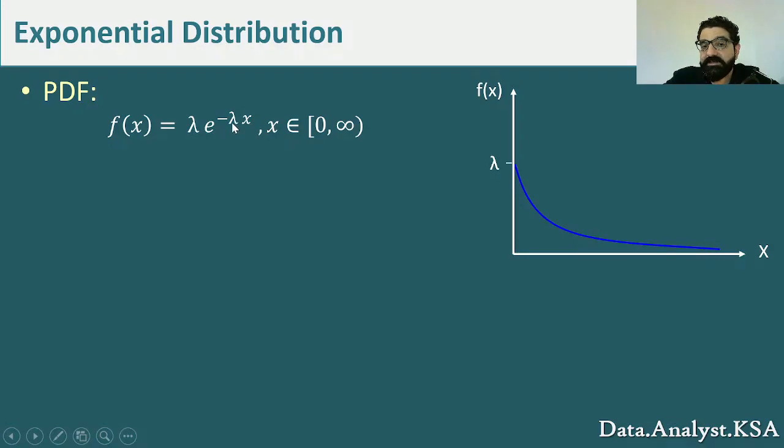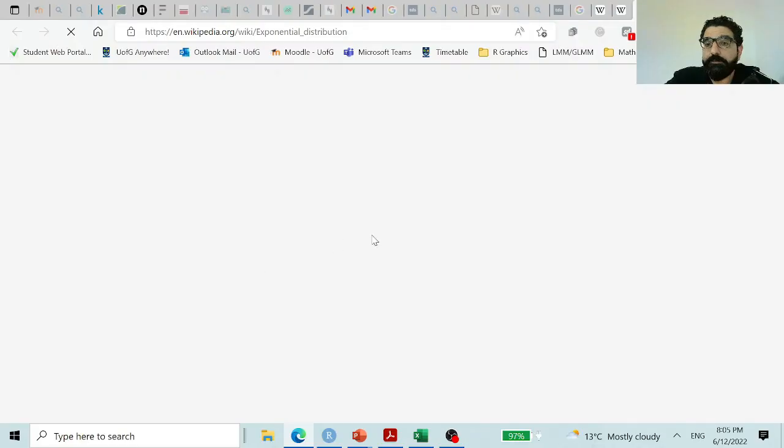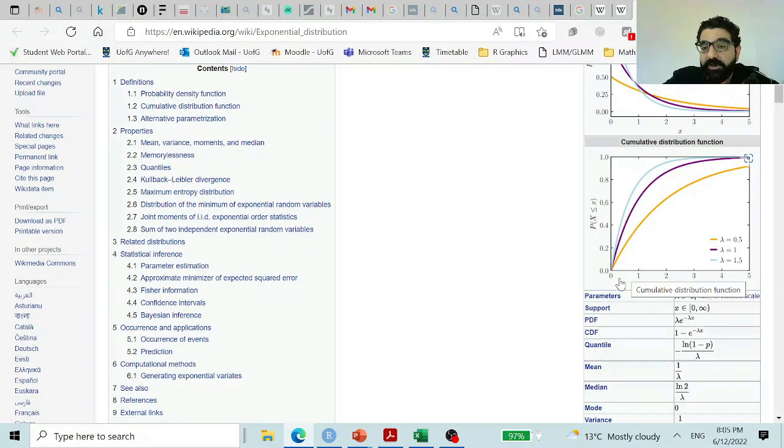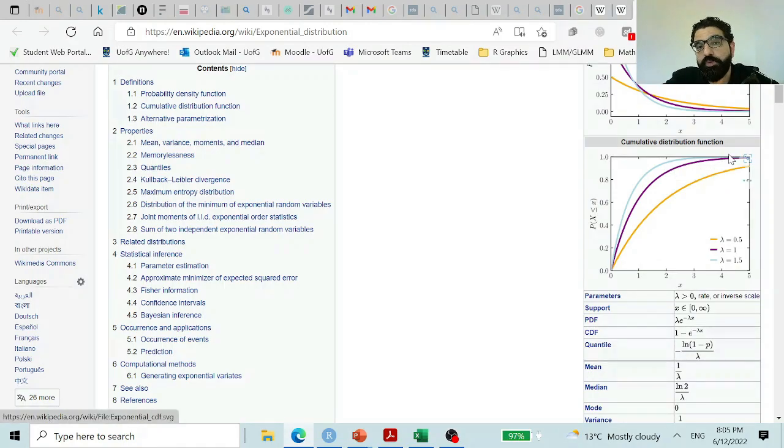So as x increases, depending on the value of lambda, this will become smaller and smaller and smaller until the value becomes very, very close to 0. The distribution function can also be seen on the very informative Wikipedia page. So as you expect, I will be adding the probability until I reach a point where it's very close to 1.